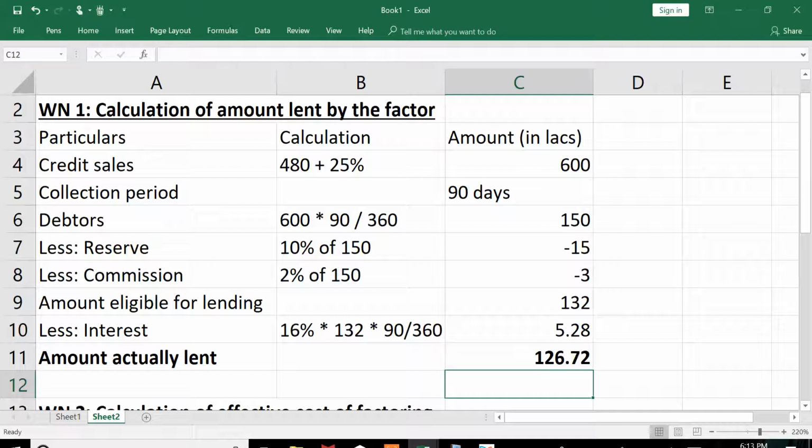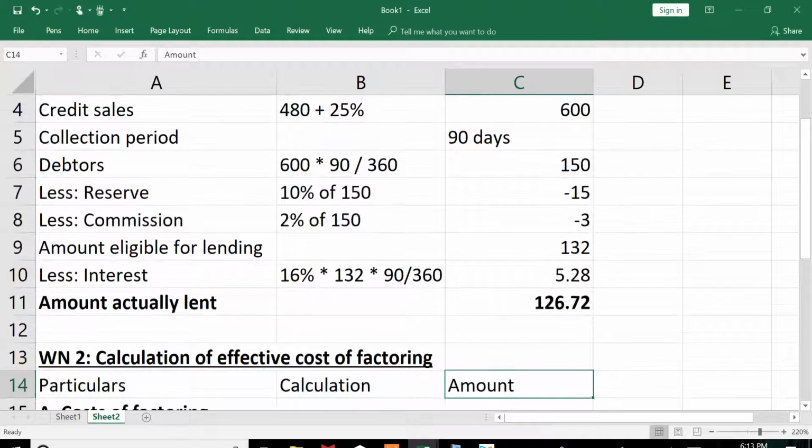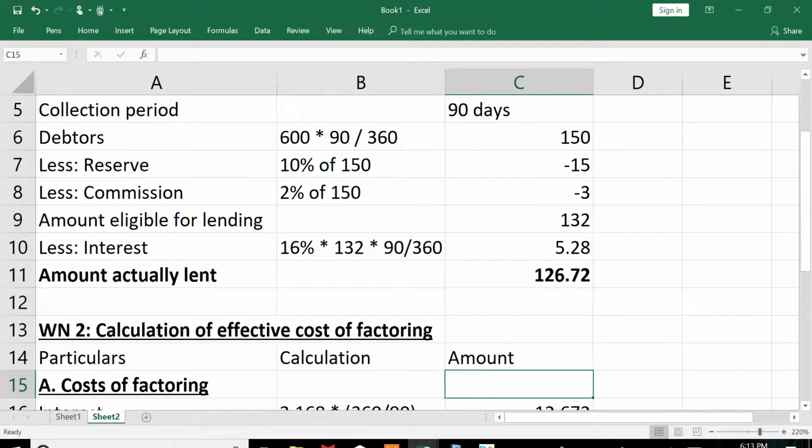Capital A, cost of factoring. Same thing I am going to do. Two items, interest and commission. Cost of factoring, interest and commission.